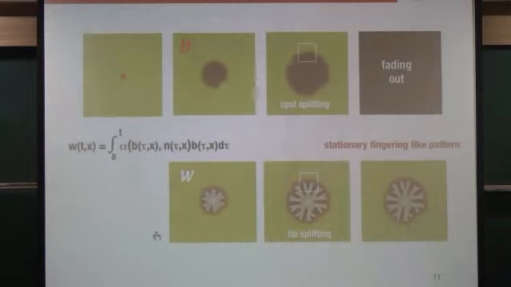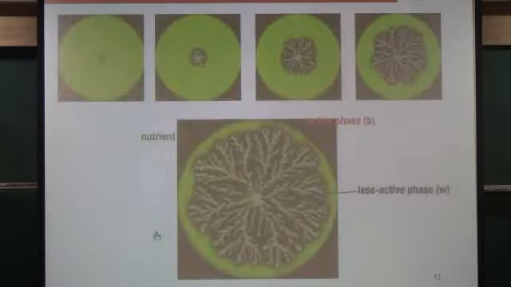Roughly speaking, or mathematically speaking, this kind of pattern appears due to the instability of the ring pattern. And this is the time sequence of W. From here and like this, like this, and then we can get this one.